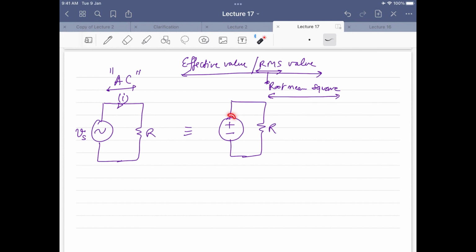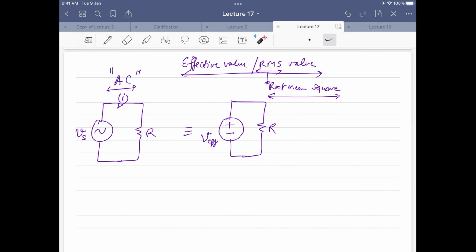So this DC voltage value which you will get is basically the effective root mean square value of the AC signal. This is the effective voltage.